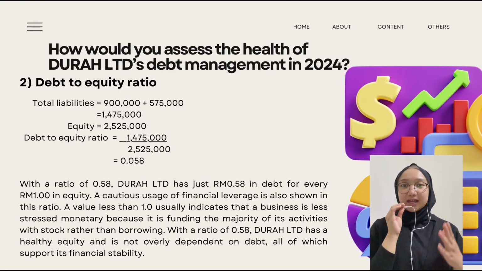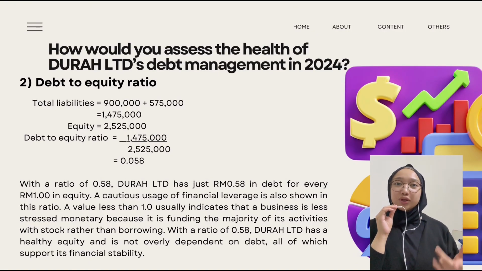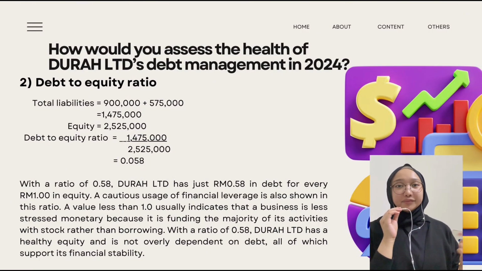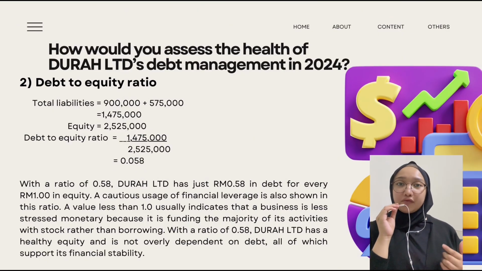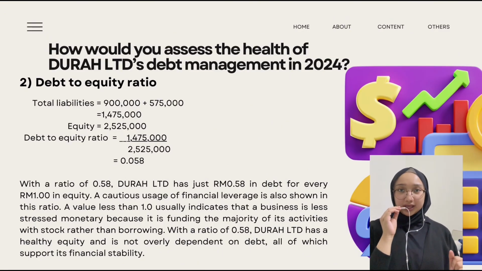So next, let's move to the debt to equity ratio, where we want to see how much debt the company uses for every 1 ringgit of equity. From the calculation, we can see Dura Ltd has used just RM 0.58 in debt for every 1 ringgit in equity.